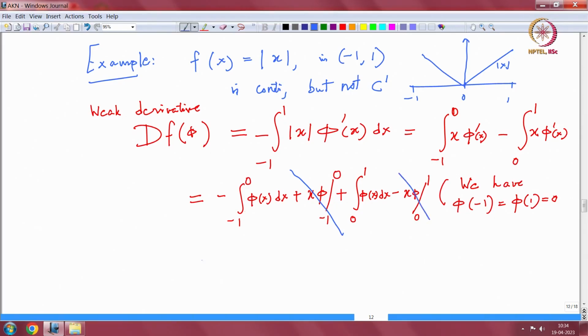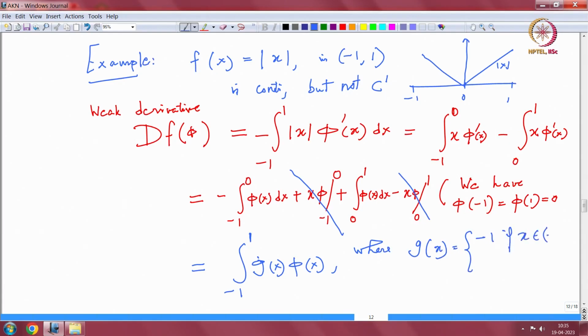Now, with this I can write the integral from minus 1 to 1 of phi of x times g of x dx. I will define what g of x is, where g of x is equal to minus 1 if x belongs to minus 1 to 0 and plus 1 if x belongs to 0 to 1.